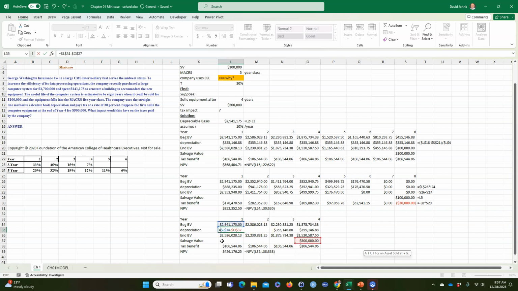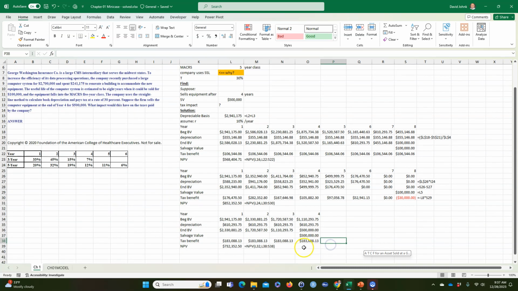If I don't put parentheses around it, it's not going to divide this whole amount. I'm going to divide it by this, and I want to F4 that. And then if I copy this across, again, I'm making this look easy because I know what I'm doing, right? So you can see that my book value is equal to my salvage value.